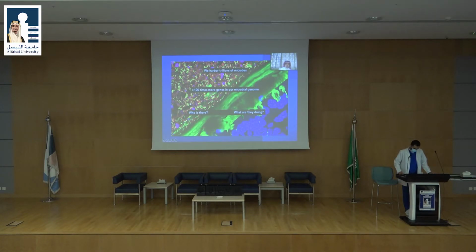So I hope this is a clear picture of the microbiome, the bacteria and viruses which compose it, separated from the human epithelial cells by a layer of mucus, which is very, very important in the function of the microbiome.